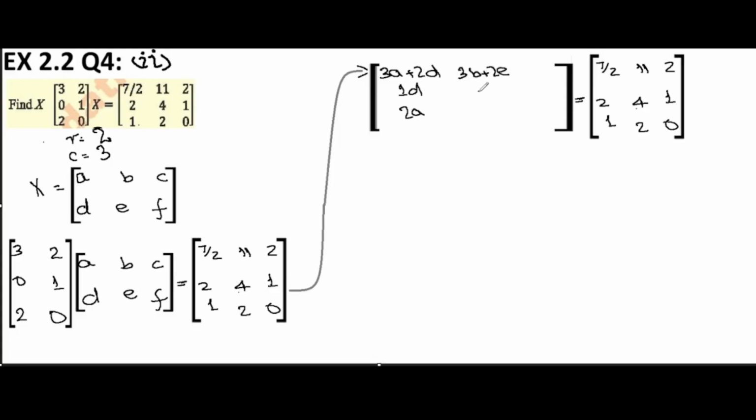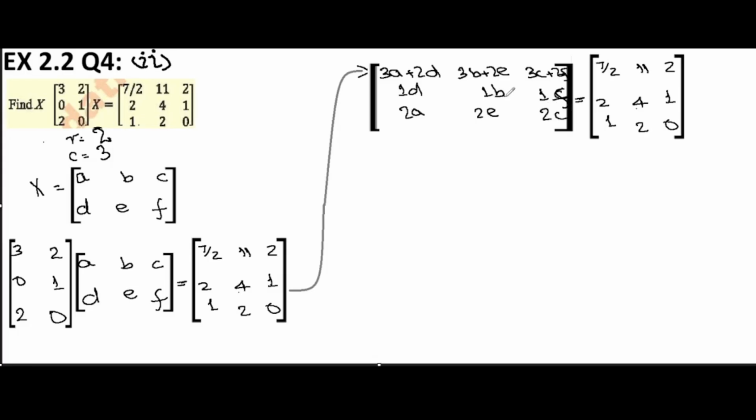Then we have 1E and then 2B. Then we have the first row multiplied with the last column, so 3C plus 2F. Then we have 1F, and then 2, 0 into C, F, so we get 2C.